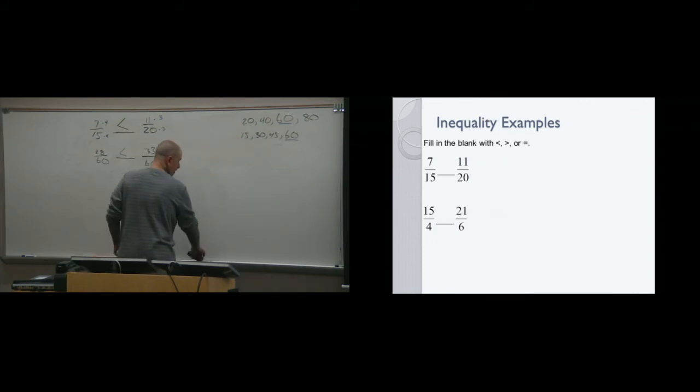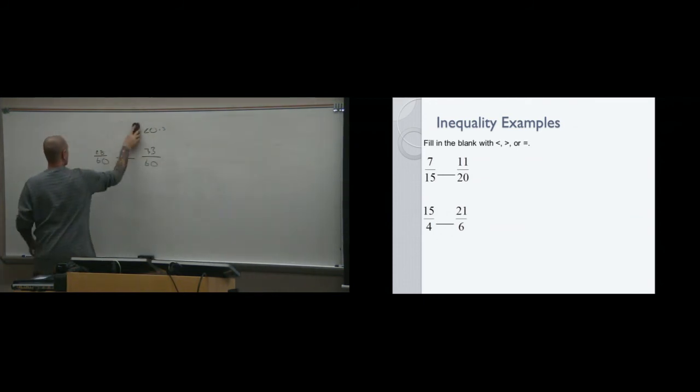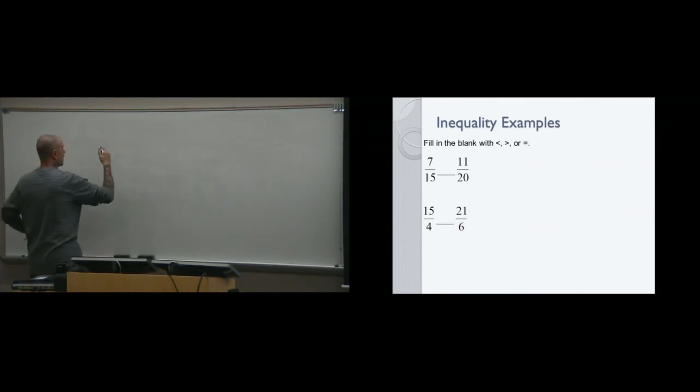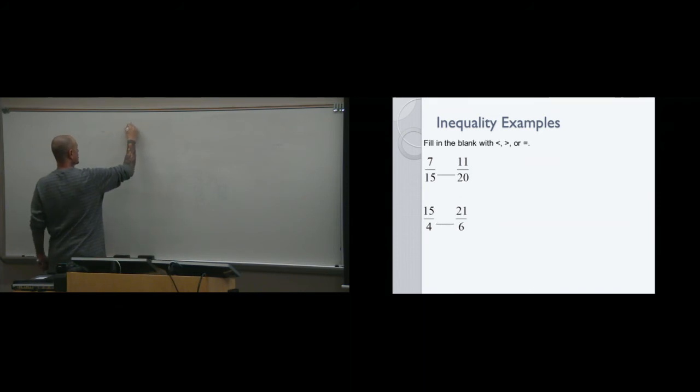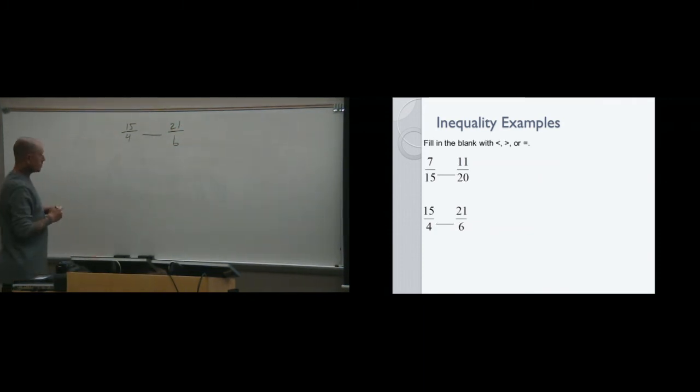We've got 15 over 4, and we're going to compare that to 21 over 6. Well, the first thing that I always do is look for things that I can reduce. So when I see 15 over 4 and 21 over 6, I do recognize that 21 over 6 can be reduced because there's a common factor of what, Nick? 3.